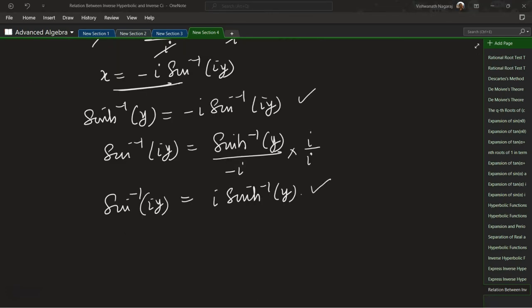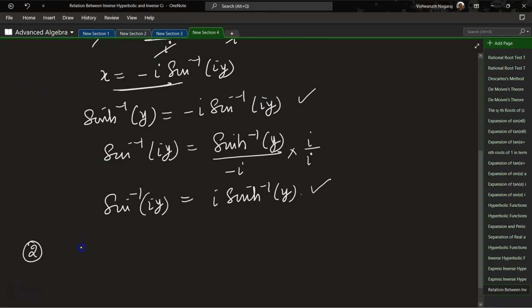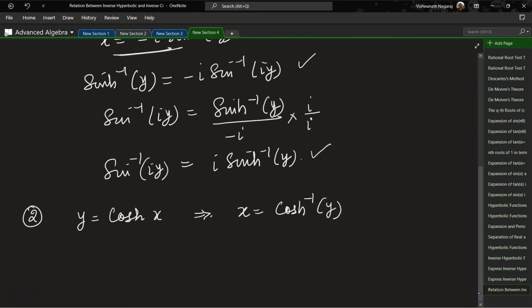So make sure that you understand the difference. Now let's do the second one. Let's look at y is equal to hyperbolic cos x. Now this can be written as x is equal to hyperbolic cos inverse of y. Now here let's multiply both sides by i.